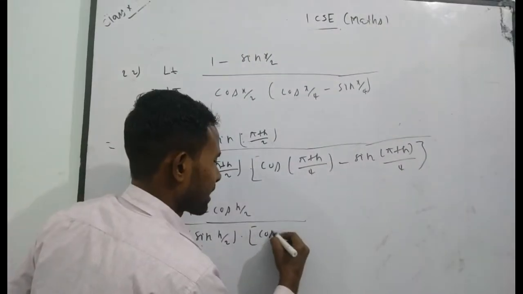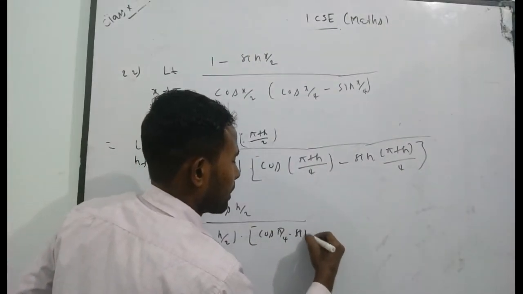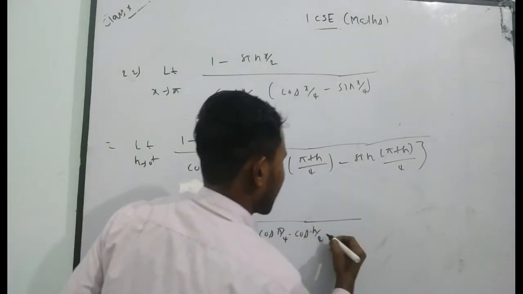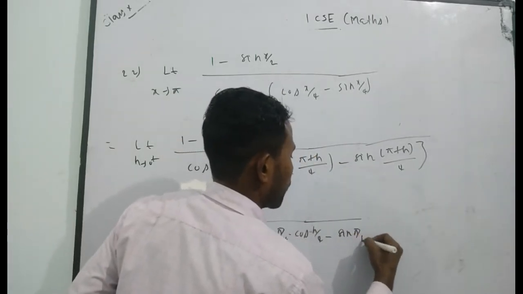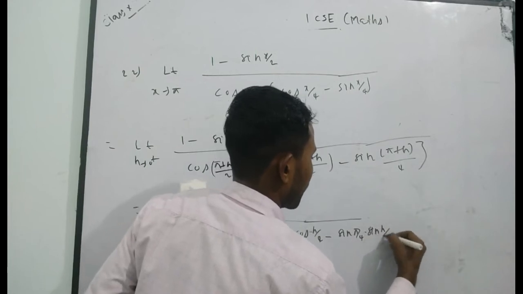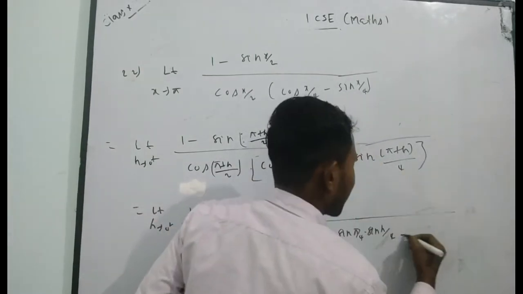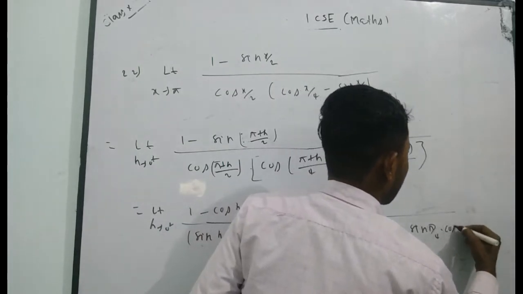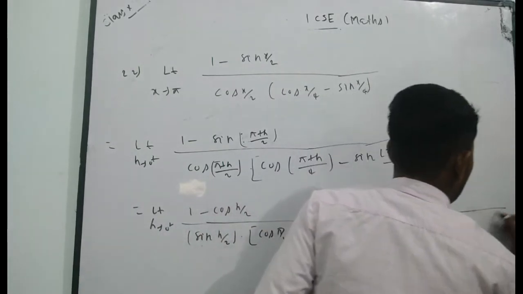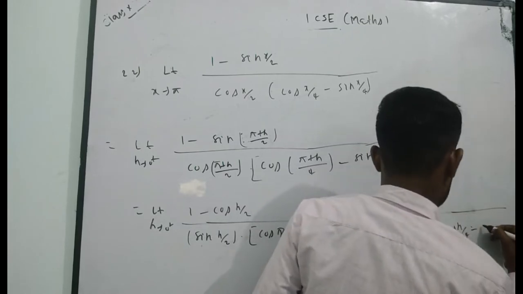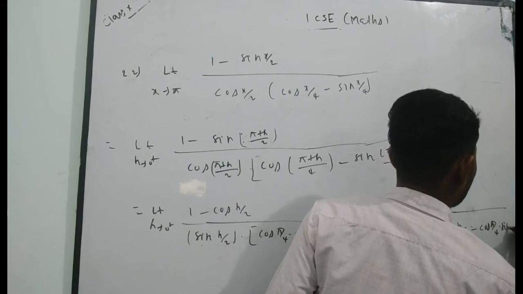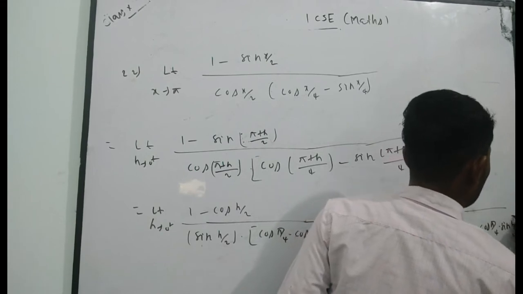So can you write it: cos pi by 4 into cos h by 4 minus sin pi by 4 into sin h by 4. Minus sin a, that means sin pi by 4 into cos h by 4, minus cos pi by 4 into sin h by 4. I think you understand.